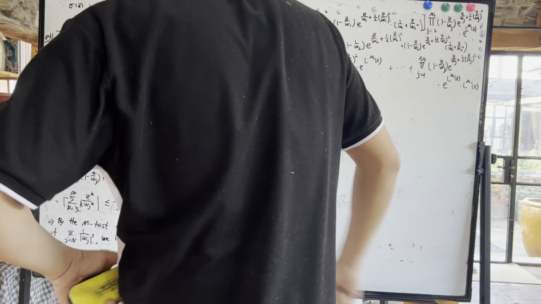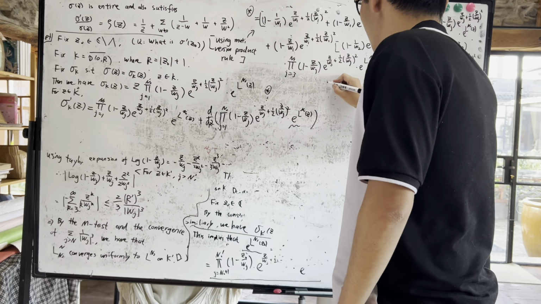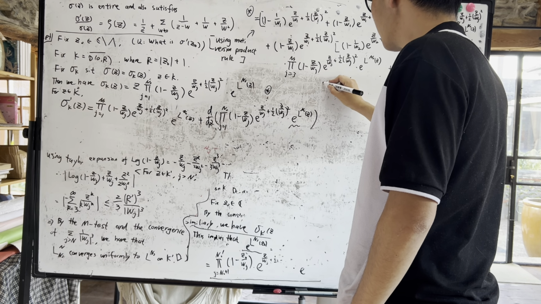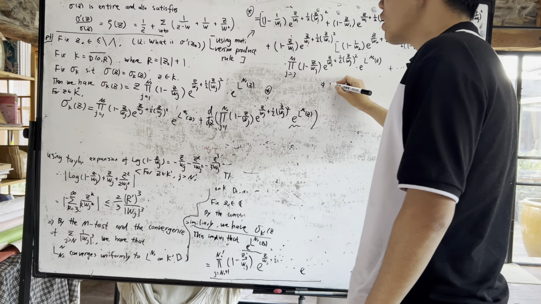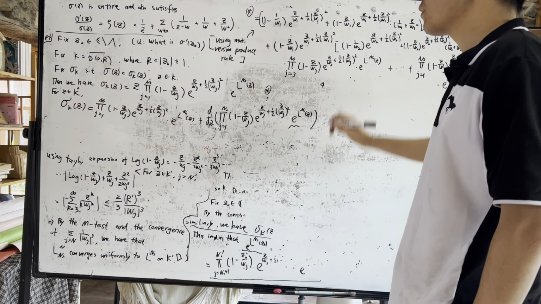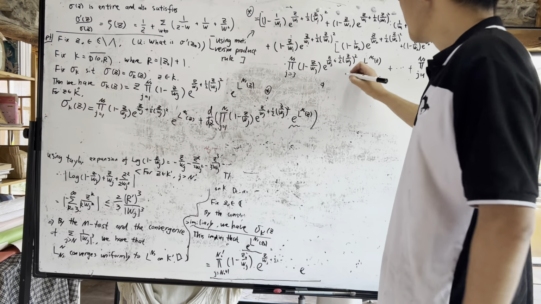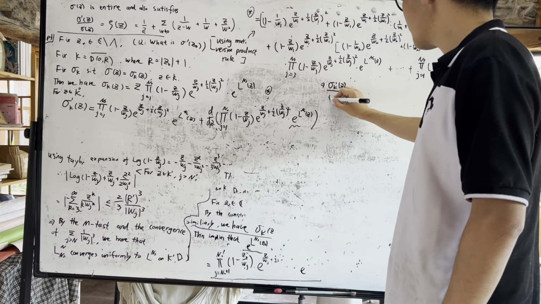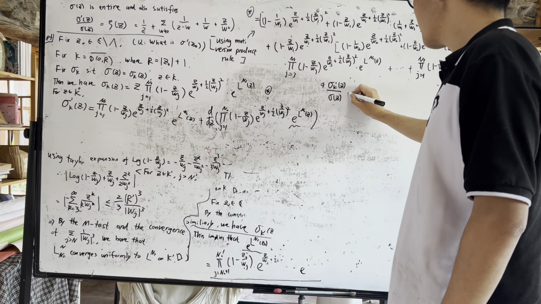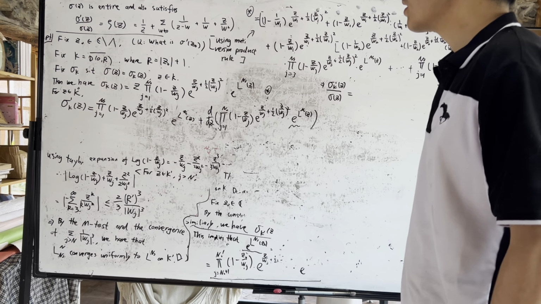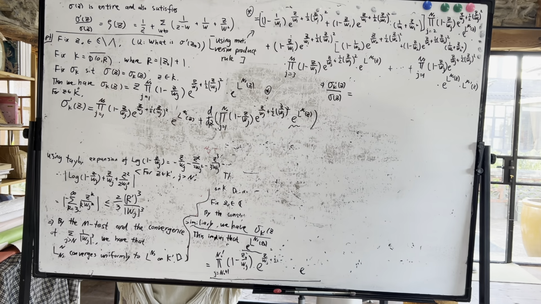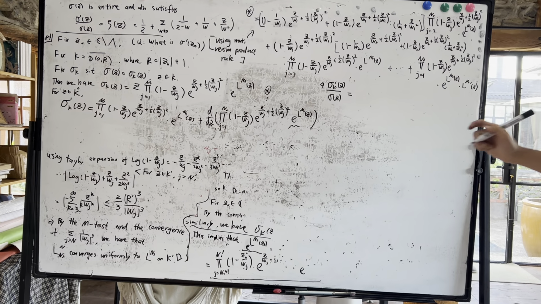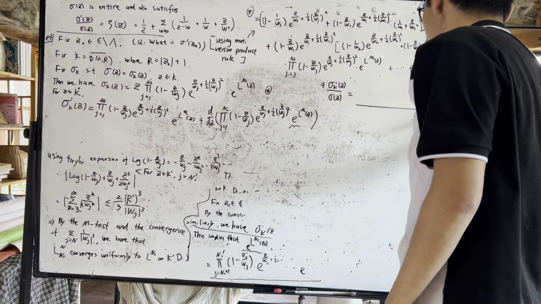Now we take the fraction. So this implies sigma k prime z over sigma z, which is equal to the fraction, right?